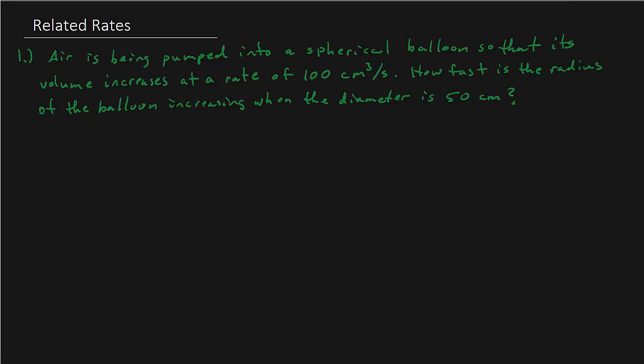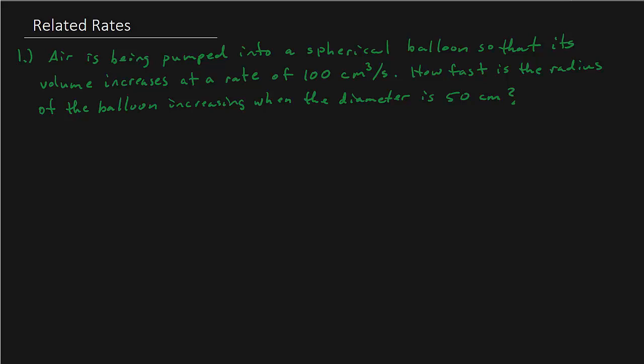When you're doing related rate problems, you've got to come up with a function, and then you'll have to take the derivative of it, and it'll give you information to plug in, and it'll tell you what to find. So let's go through the problems, and I'll explain all of that as we're working through them.